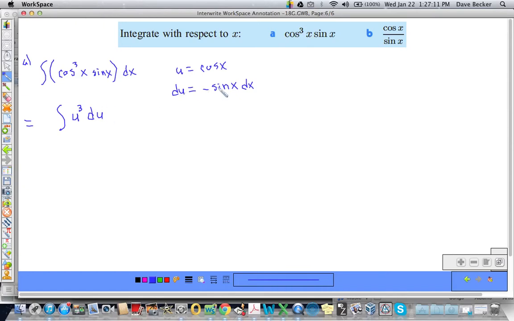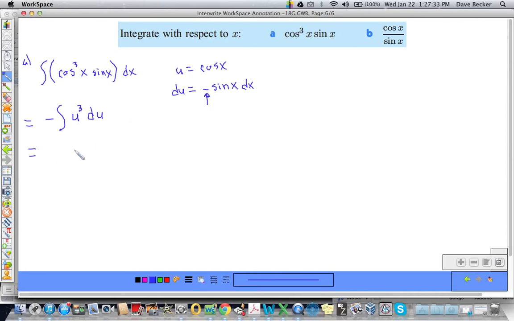Du equals negative sine x dx, and I need it to be positive sine x dx. So I have to compensate for this negative, right, by multiplying the entire integral by a negative, thereby a negative du is equal to a positive sine x. So it works out swimmingly.